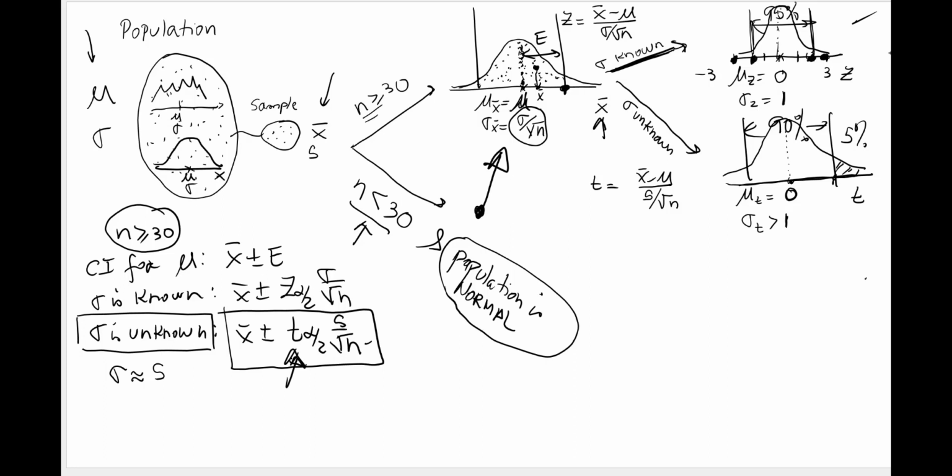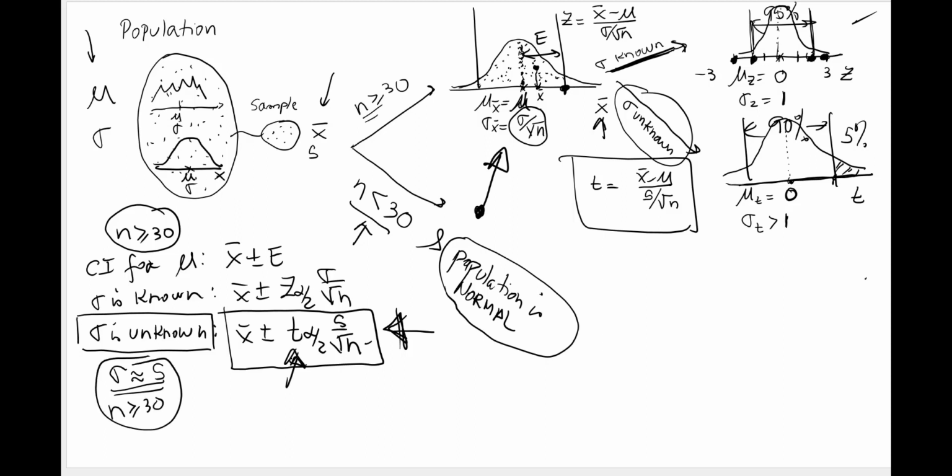And if the standard deviation of the population is unknown, then we have to use the t distribution. If we use the t distribution, we are going to use this formula to construct our confidence interval. But remember, we can approximate the standard deviation of the population using the standard deviation of the sample when my sample size is bigger than 30.